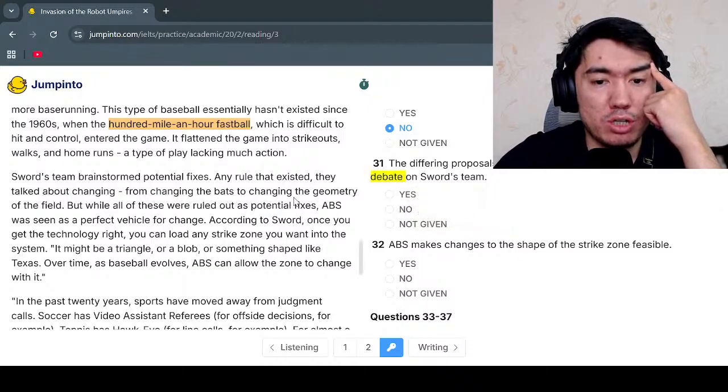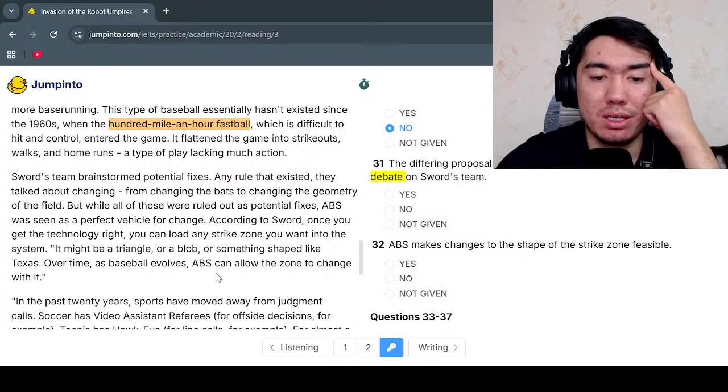From changing the bats to changing the geometry, but while all of those were ruled out as potential fixes, ABS was seen as a perfect vehicle for change. You can load any strike zone you want into the system. It might be a triangle or a blob or something shaped like Texas. Over time, as baseball evolves, ABS can allow the zone to change with it.